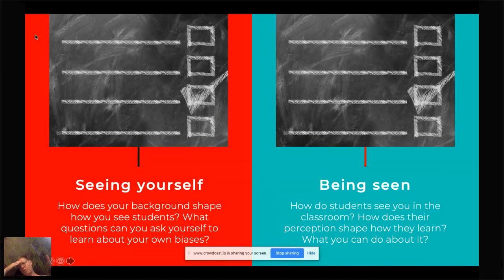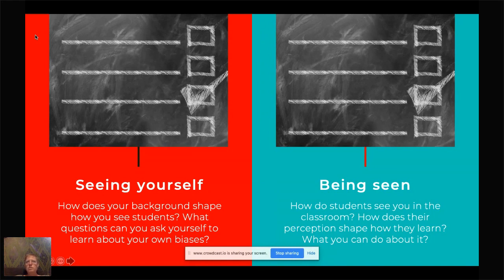But this is also really important in terms of thinking about how you're seen in the classroom and how their perception of us shapes what they learn. So in my transgender studies classroom, the fact of my cisgenderness shapes, I think, a lot of how my students see me. And part of what I have to do is establish trust with students, that I'm open to their perspectives, that I understand where they have epistemic privilege that I don't have, right?